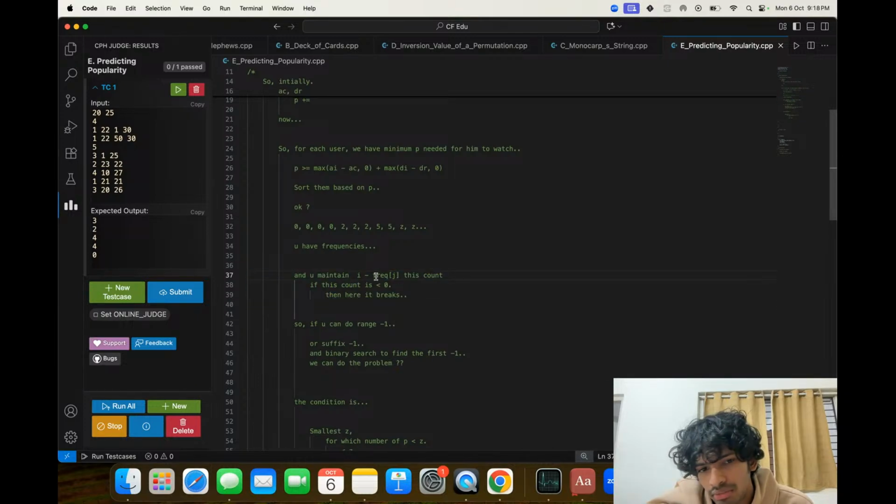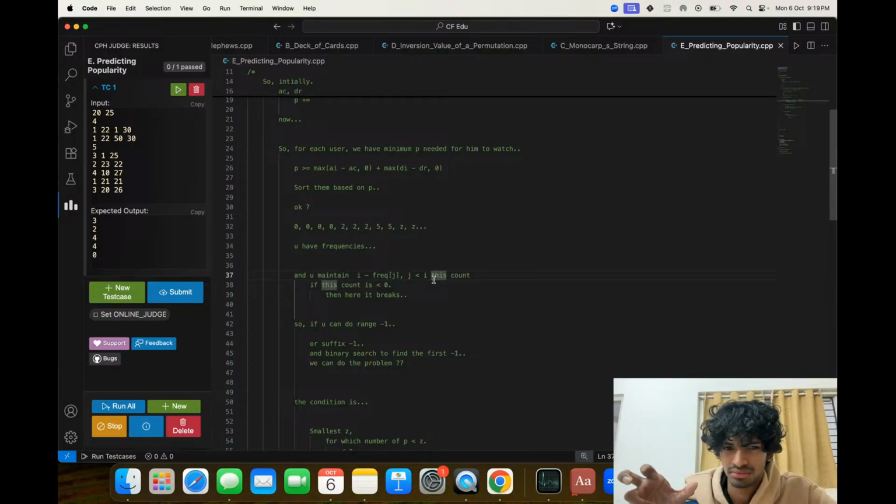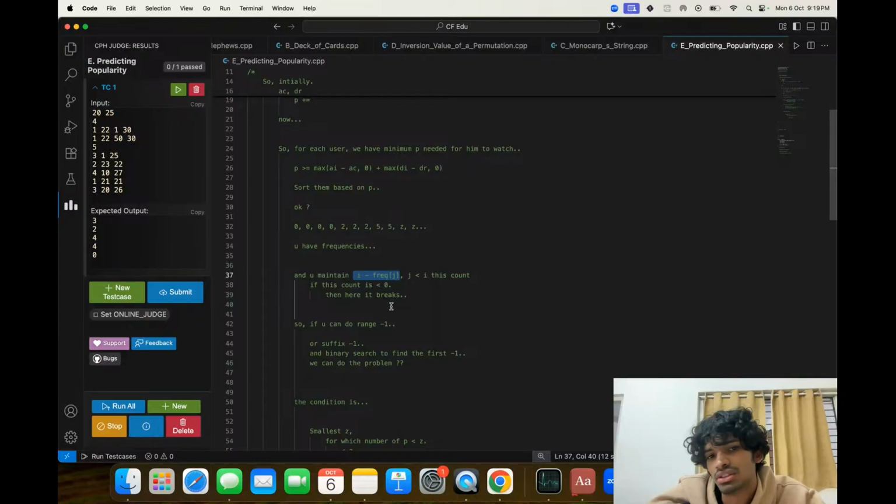So you maintain this thing. When frequency changes, you have to update a range, right? If you are maintaining this thing, when frequency changes, you have to update a range.